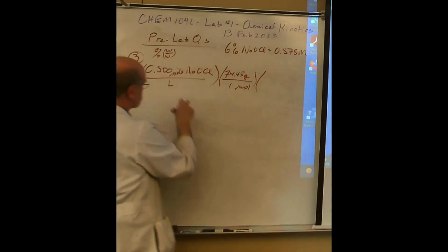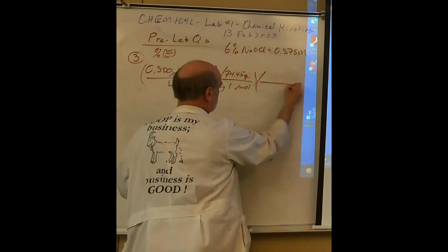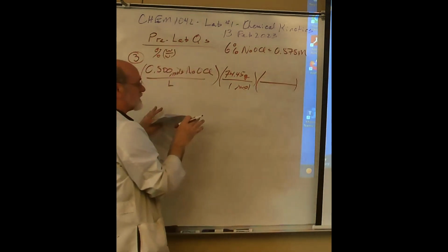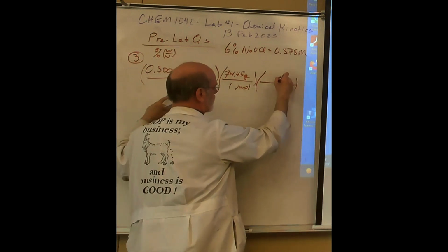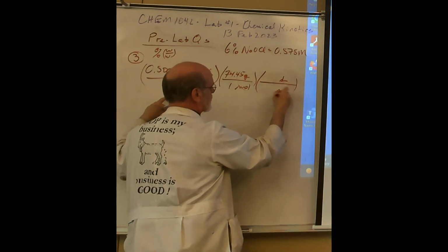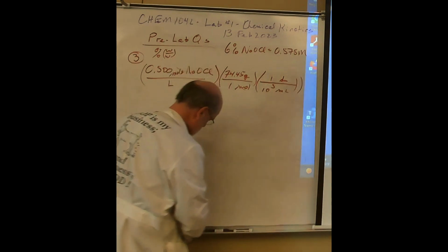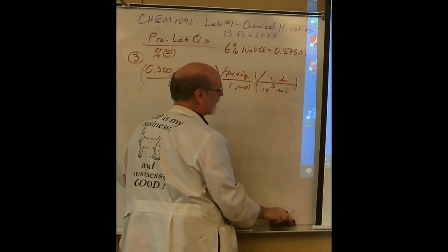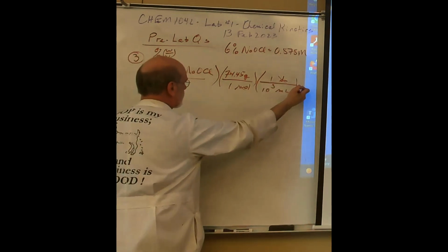Now we want to convert this to grams of solution. So if we know the density is in terms of milliliters, that has to be changed to milliliters. Liters here, milliliters there, 10 to the third. That gets rid of liters, leaves us with milliliters.